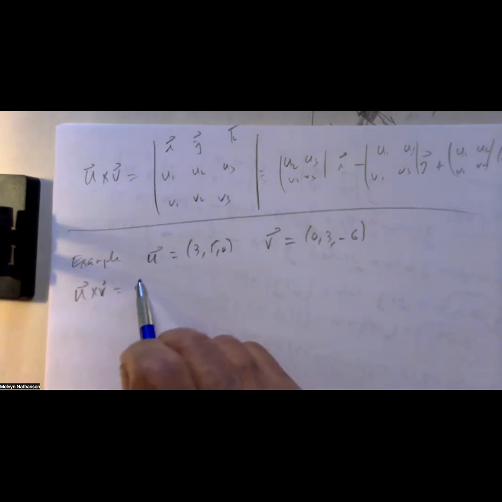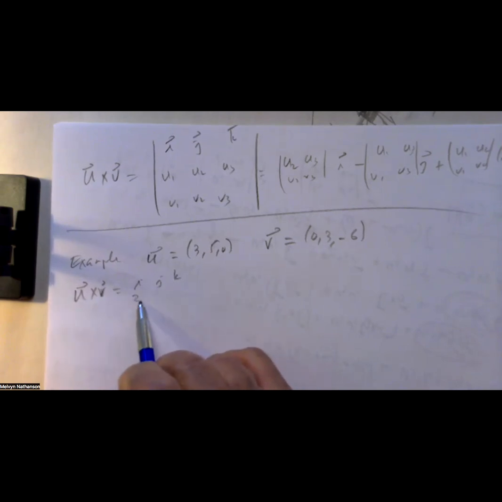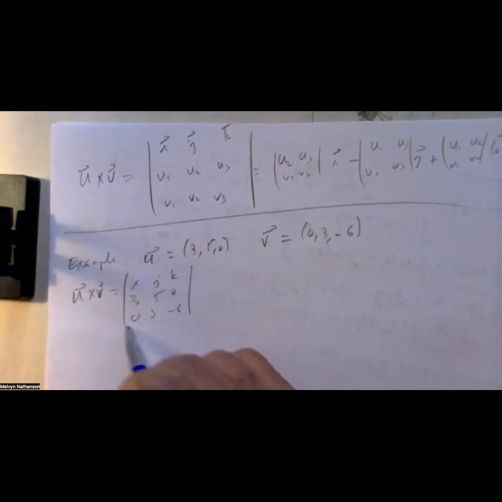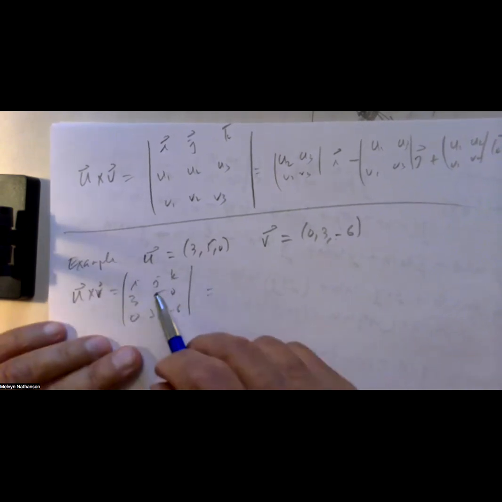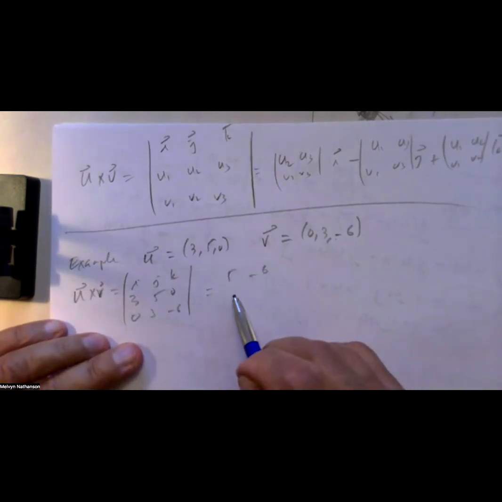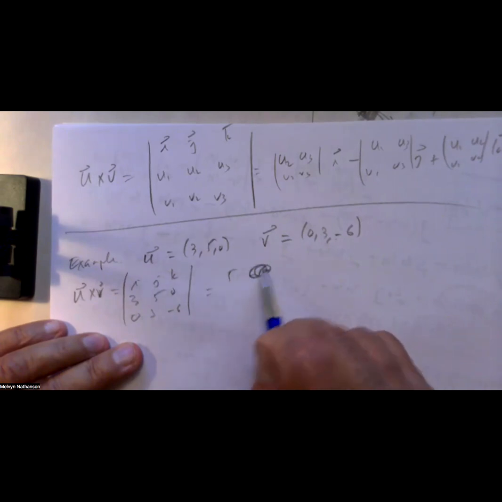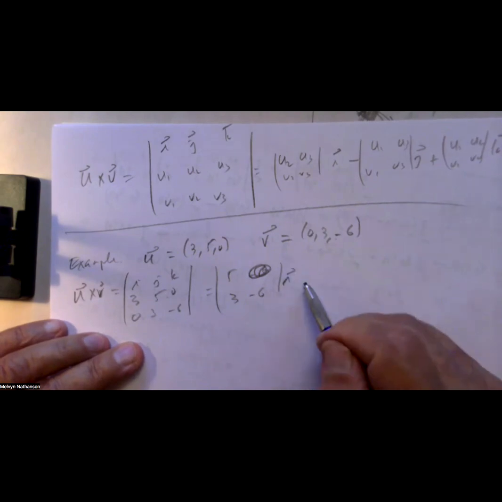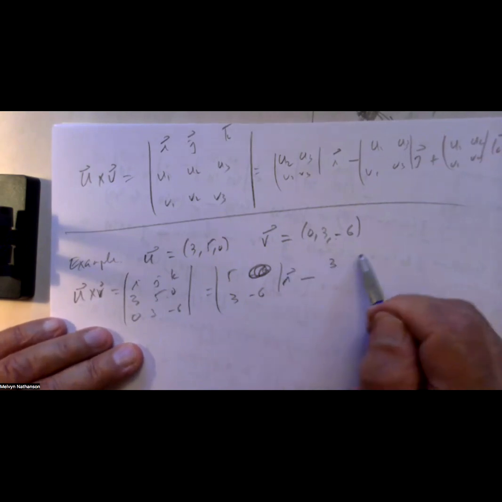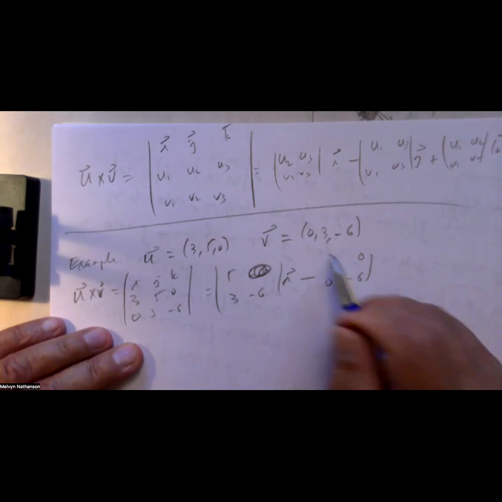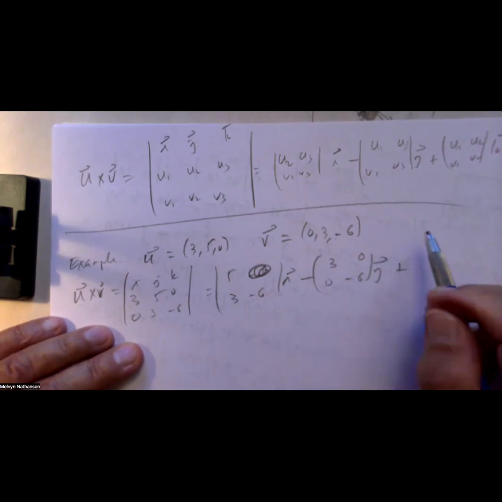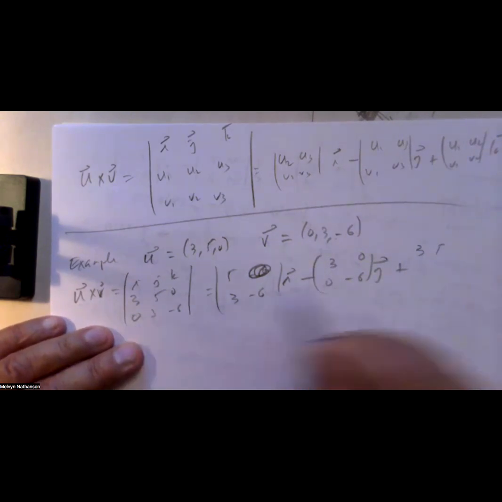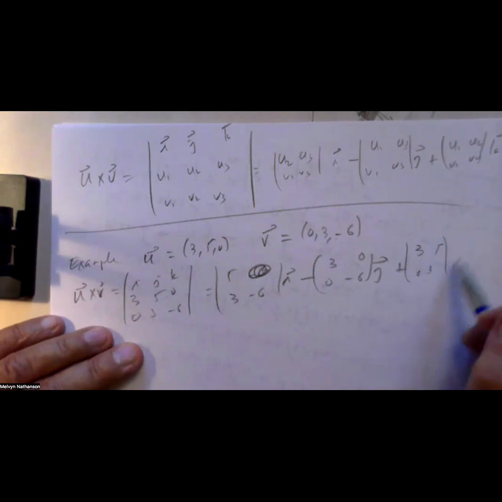So i, j, k, 3, 5, 0, 0, 3, minus 6. This is the determinant of 5, 0, 3, minus 6 times i, minus 3, 0, 0, minus 6 times j, plus 3, 5, 0, 3 times k.